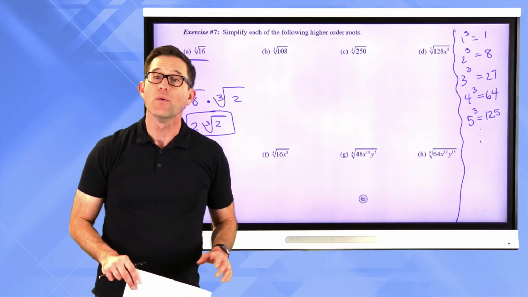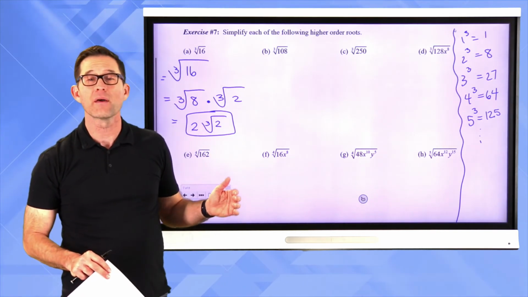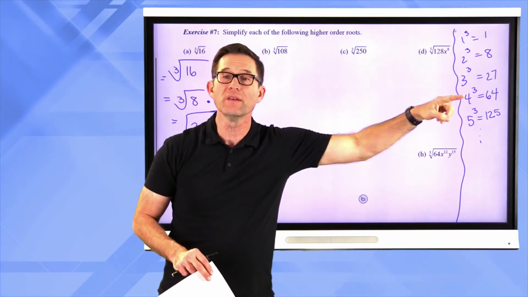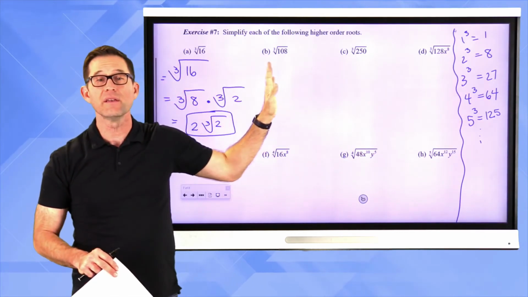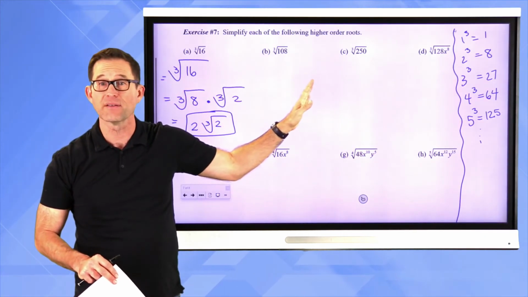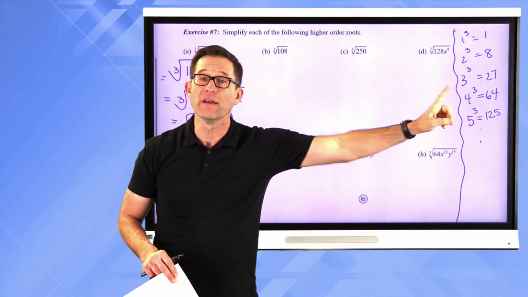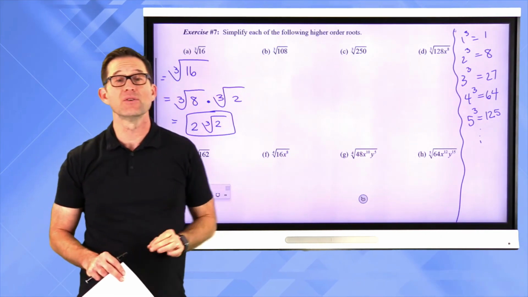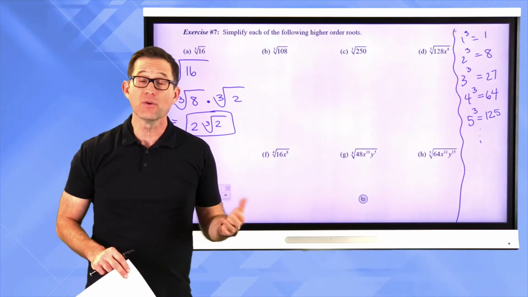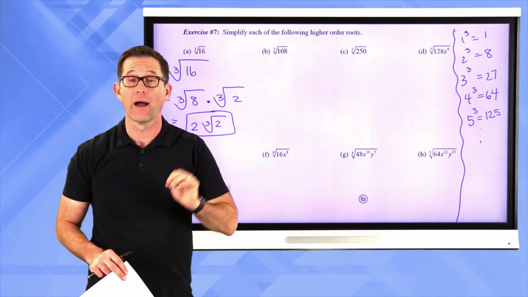All right, so yet again, what we want to be thinking about is which one of these numbers will easily divide into 108. Just playing around, we can find that 27 goes into 108 4 times.